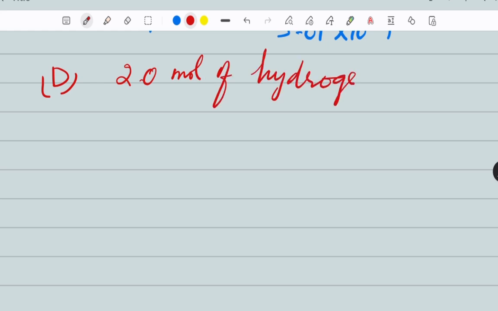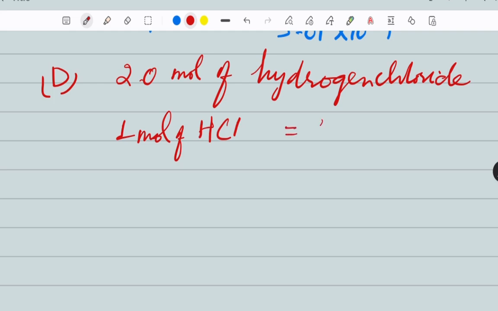Now move on towards D part. 2.0 mole of hydrogen chloride. 1 mole of HCl contains 2 atoms.